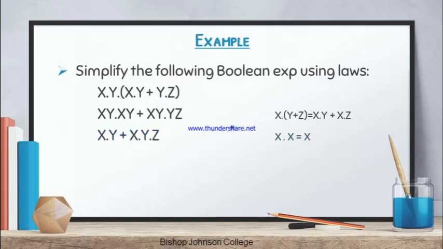Then as you know, xy treated as x, and x dot x is x as per the law. Then xy is common, so it is xy in bracket 1 plus z, and 1 plus z is equal to 1, property of 1. So finally it is x dot y.